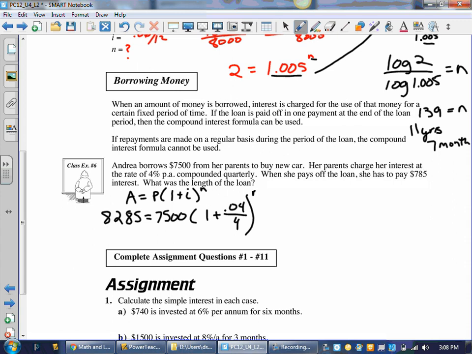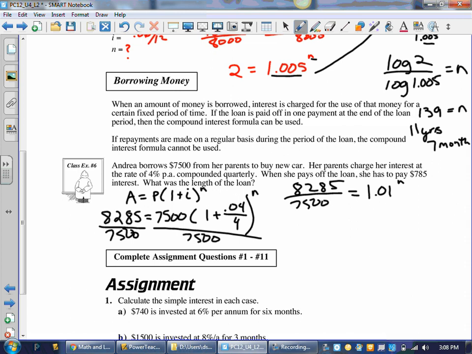We don't know this. Okay, so you do the math, and when you do this math, you need to be careful. I'm going to divide by 7,500 first to get rid of it. So I'm going to have 8,285 divided by 7,500 equaling 1.01 to the n. And when you have 1.01 to the n, every time you're looking for an exponent, you need to turn it into logarithm form.